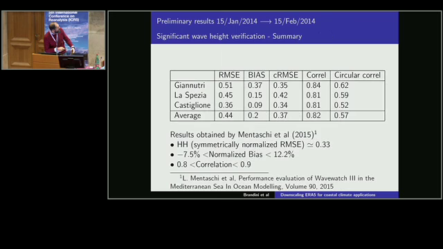And to summarize this very preliminary validation procedure, this is the summary of the statistical skill scores, and we compare this data with what has been found in recent literature, in particular the paper by Mentaski et al. in 2015, that evaluated a hindcast of about 32 years in the Mediterranean area.